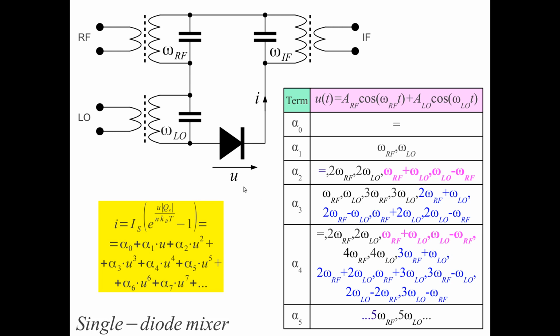In such a single diode mixer, the only way we can extract the desired intermediate frequency is to use frequency filters, say tuned circuits for the local oscillator, for the radio frequency, and for the intermediate frequency to be extracted out of this mixer.